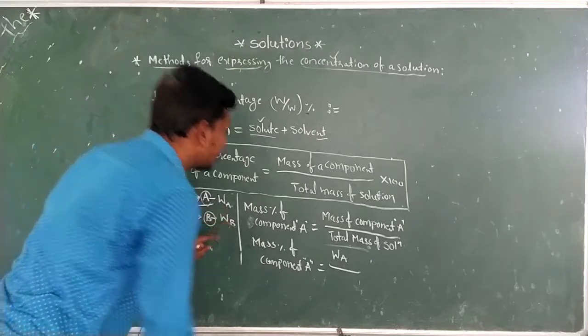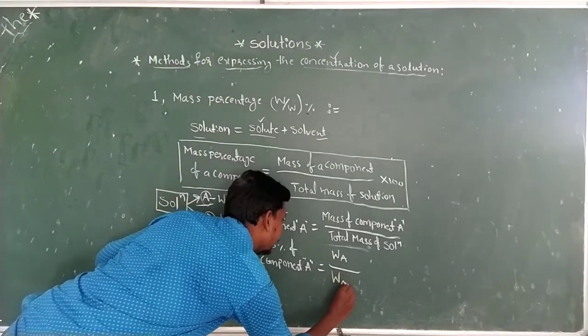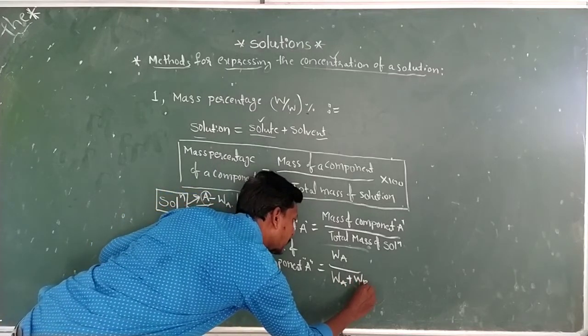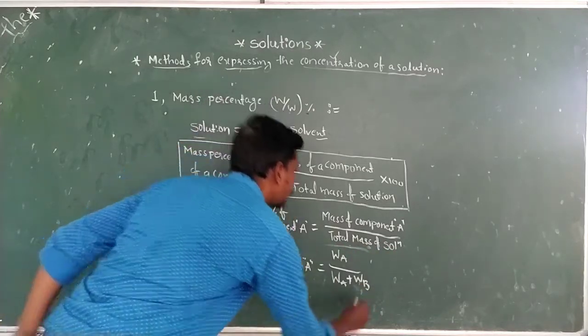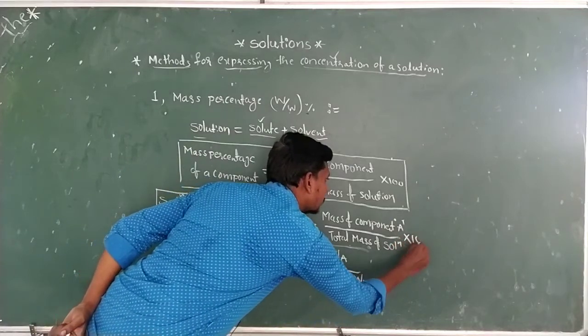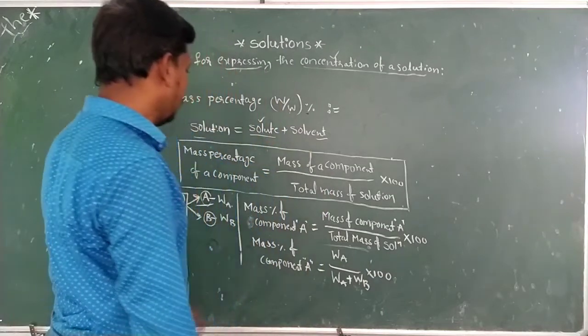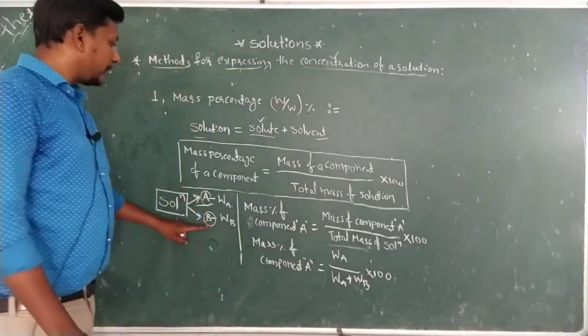Okay? Mass of A component plus mass of B component gives the total mass of the solution, into 100%. Sorry, here I am writing the 100%. Okay? Right.